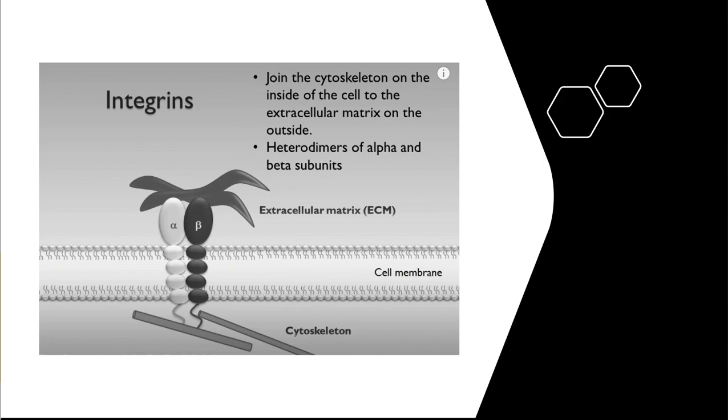The other ligand is macrophage 1 antigen, or Mac-1, also called CD11b/CD18. There is also vascular cell adhesion molecule 1, VCAM-1, which binds to the integrin very late antigen 4.